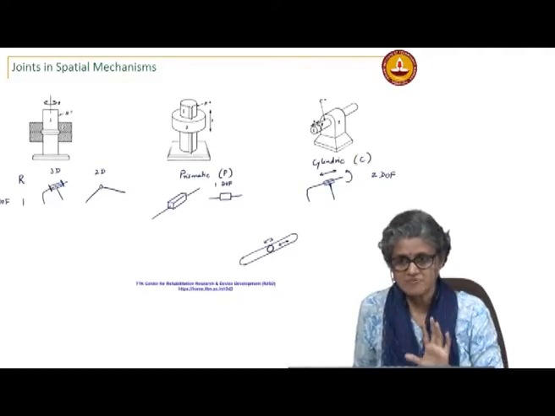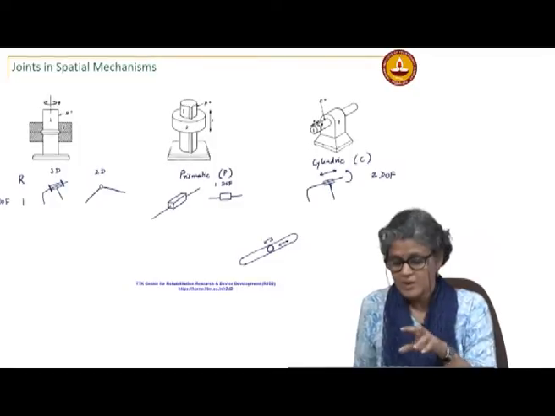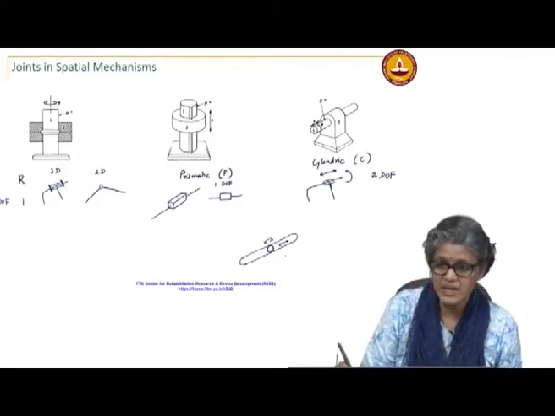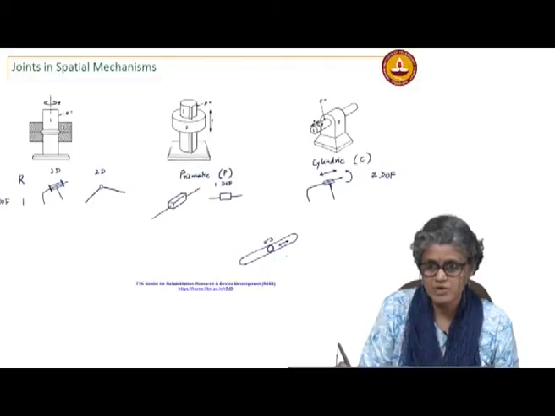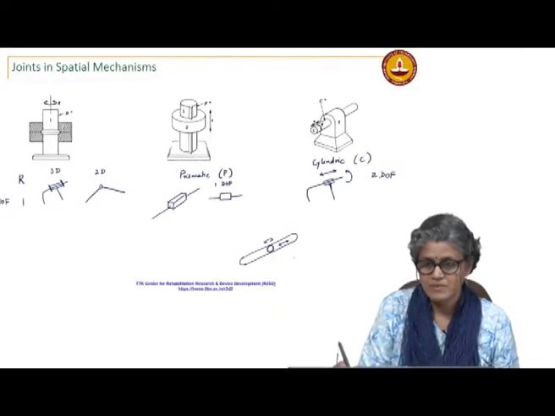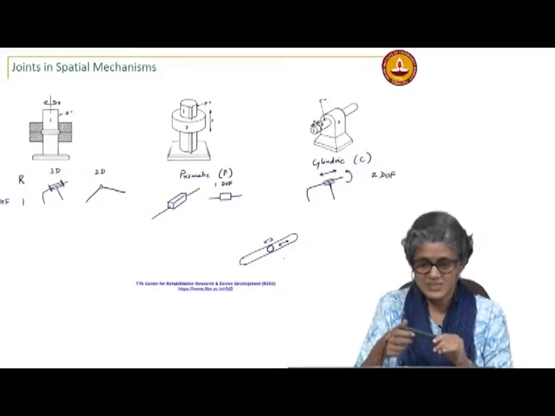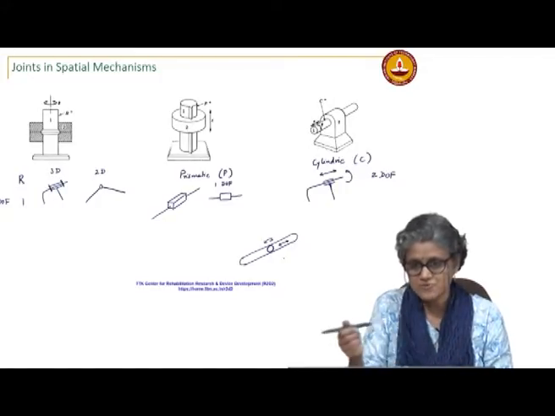A cylinder's definition is different. This is a planar cam joint. We call this a planar cam joint. So cylindrical is defined as it should be in 3D and it should have a revolute and a translation, where the axis of rotation and the axis of translation coincide.